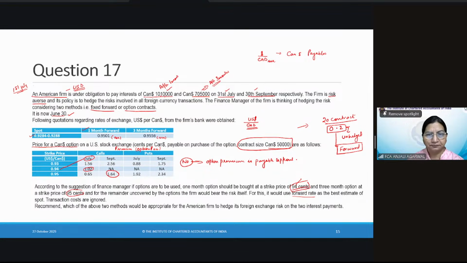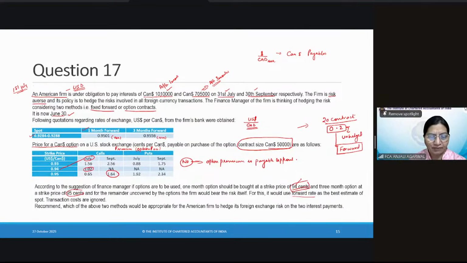Okay. So finally, how much option premium do we have to pay? 1.02. On a US stock exchange, these are cents per Canadian dollar, so it's 1.02 cent. So for how many contracts have we taken it? Not 10 lakh, 10,000.